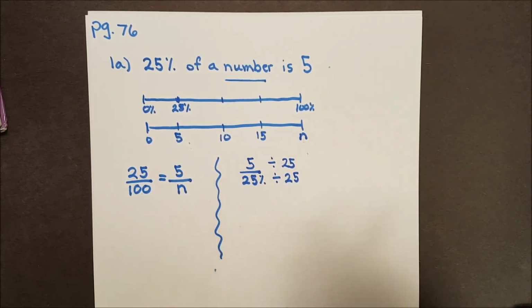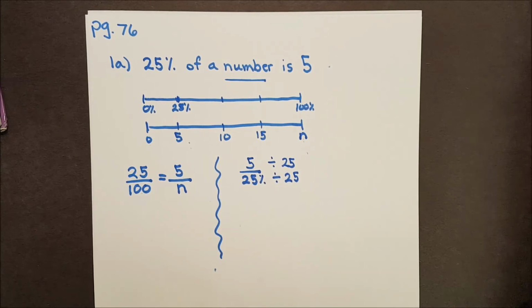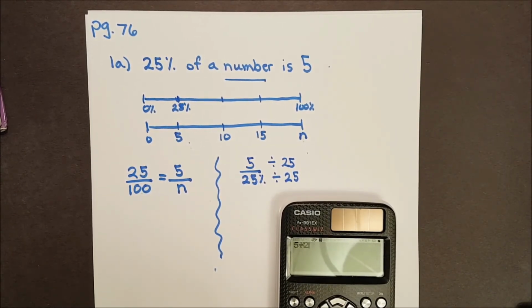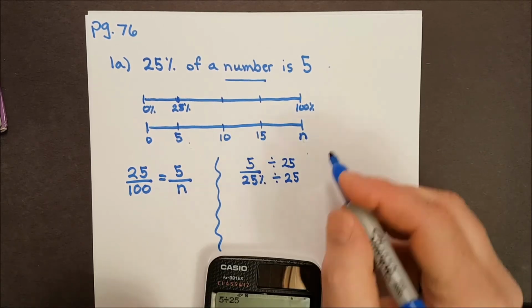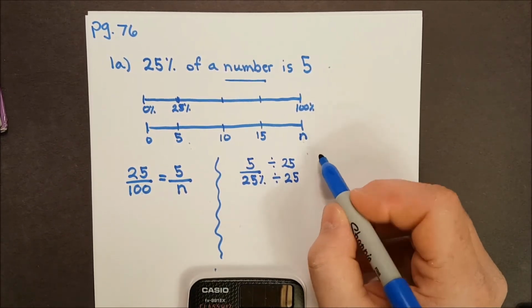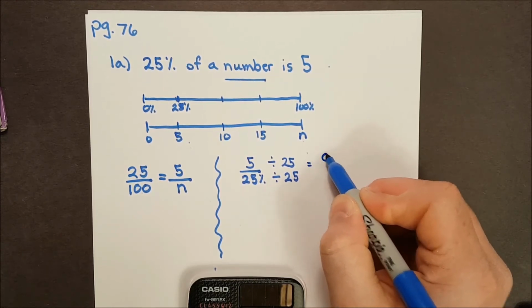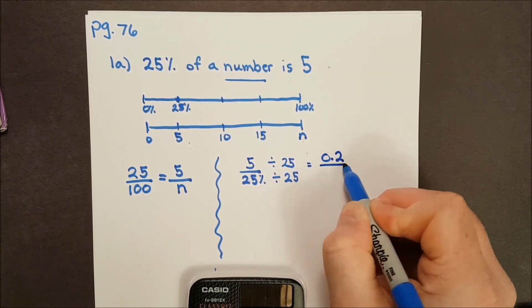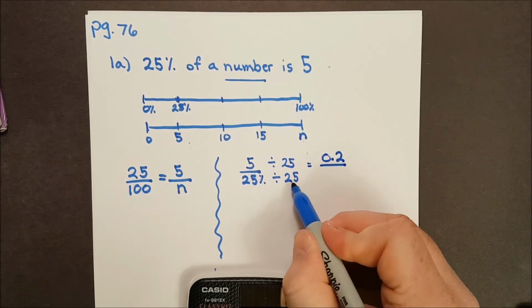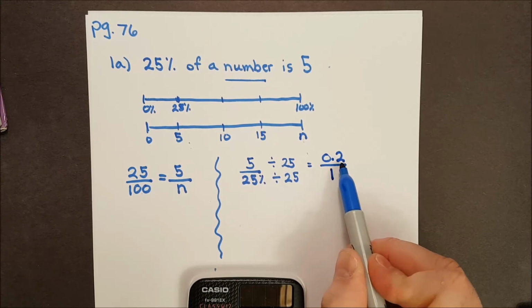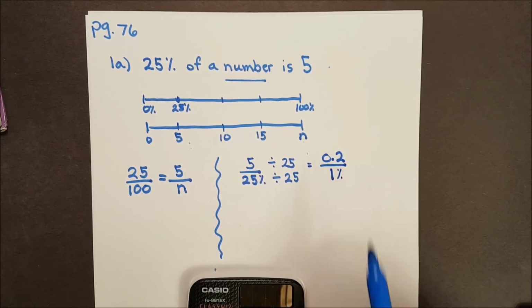So 5 divided by 25, let's use our calculator again here. 0.2 over, well, 25 divided by 25 is 1. So we have 0.2 for every 1%.